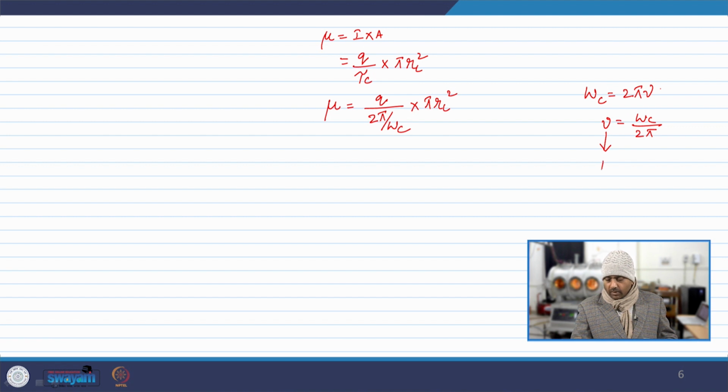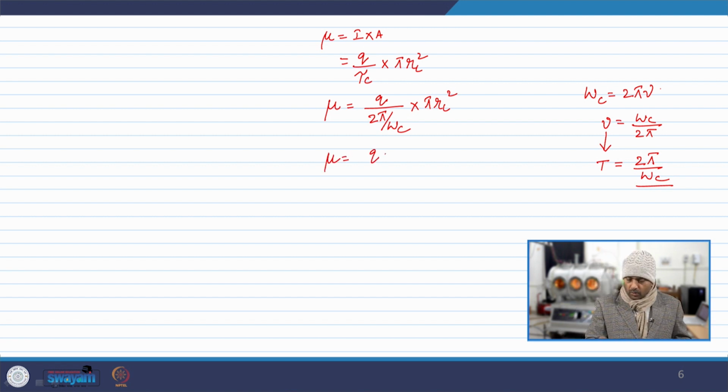Inverse of frequency is the time that is associated with that motion. So, time is 2 pi by omega c. This is what I have written here. So, mu equals q omega c by 2 pi into pi into m v perpendicular by qB whole square.